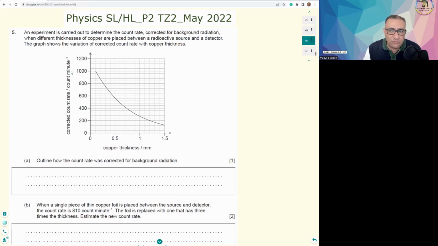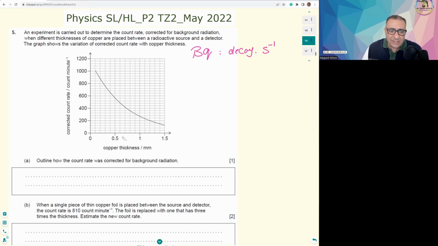Otherwise, we need to do some conversion, because the SI unit of activity is the becquerel, Bq, which is decays per second, in SI units decay second to the minus 1. So that is becquerel, but obviously here it is not becquerel, it is counts per minute.